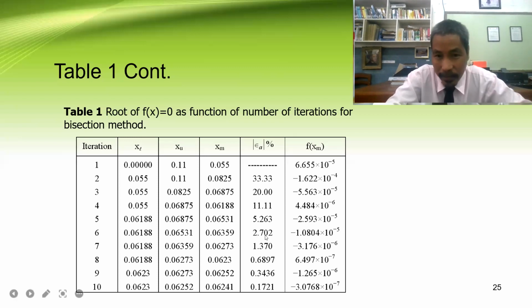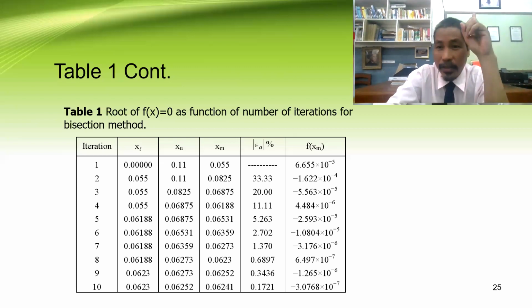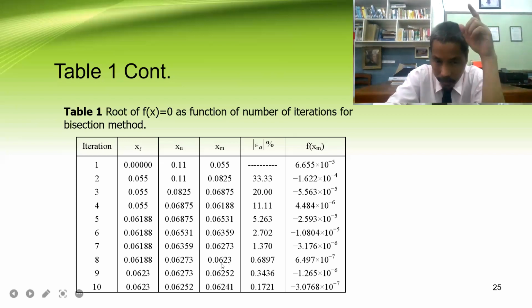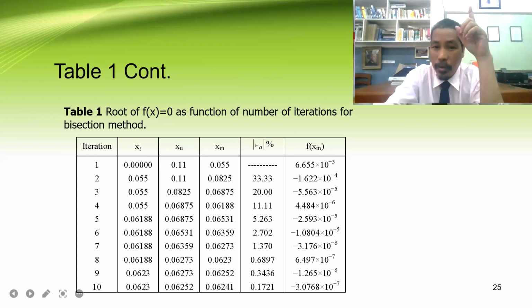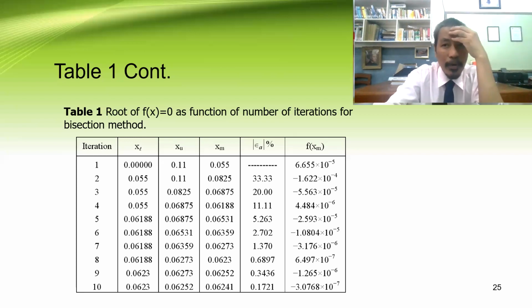If we use the 7th iteration, still we only know up to 6. The one significant digit is 6 here. Again, only the 6 we are sure about. But after the 9th iteration, it is less than 0.5, which corresponds to 2 significant digits.